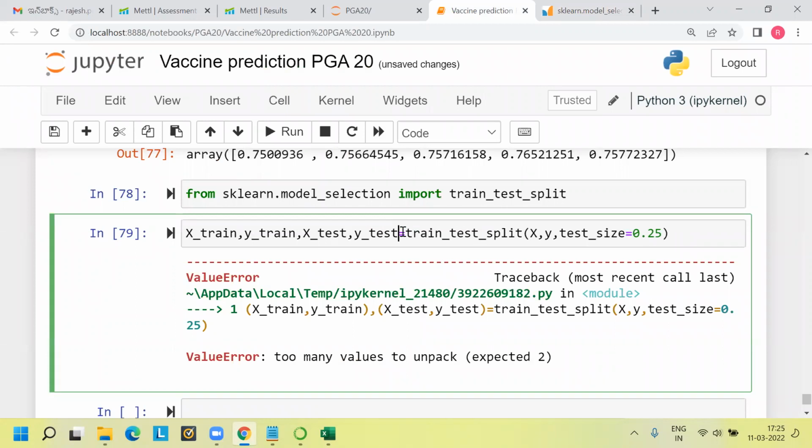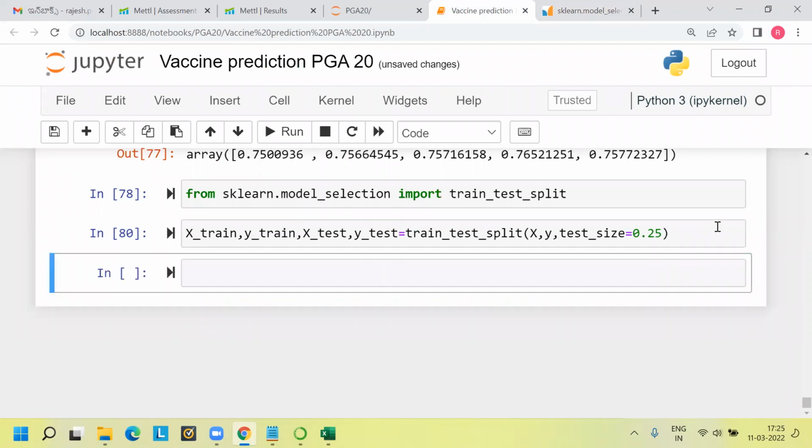Remove all the brackets and then run the code. So we have split the data randomly into train data and test data. Okay.